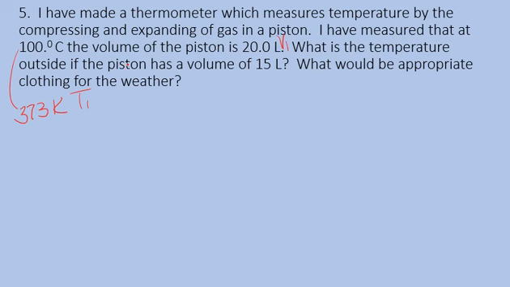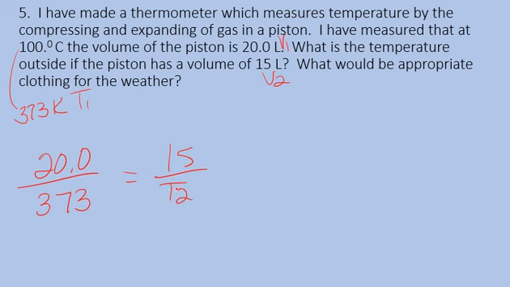The volume is this, so that's my V1. What is the temperature outside if the piston has a volume of 15? So that's my V2. What would be appropriate clothing for the weather? All right, so my first volume is 20.0. Again, I don't have pressure in this one, so I don't need to include it. 15 over T2, and I'm going to solve for T2, so I move T2 up.